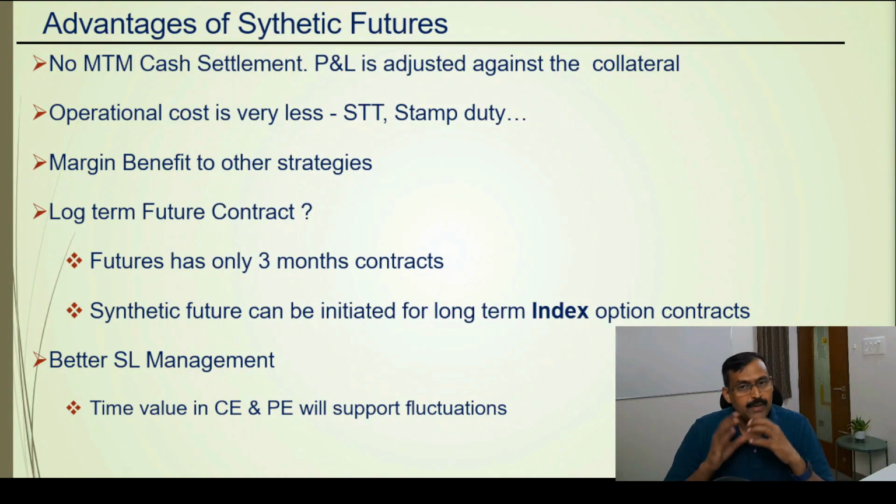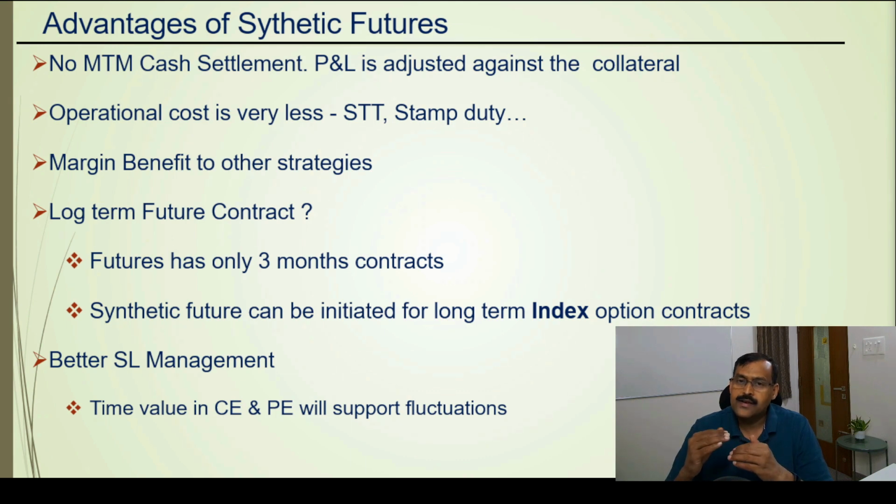The next best advantage that you get from the synthetic future is that the better stop loss management, especially for the intraday synthetic future. That is because synthetic future has a call option and a put option which has a time value. Let us say if your asset moves by 10 rupees, your combined premium may not move by exactly 10 rupees because they are at the money and they are near to 0.5 delta.